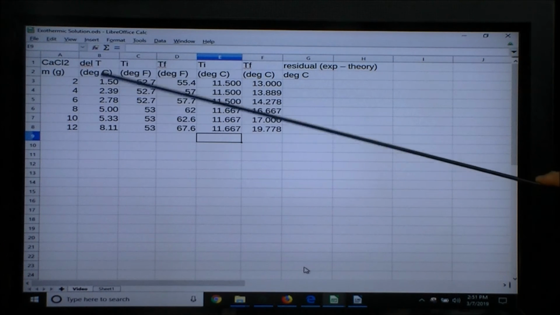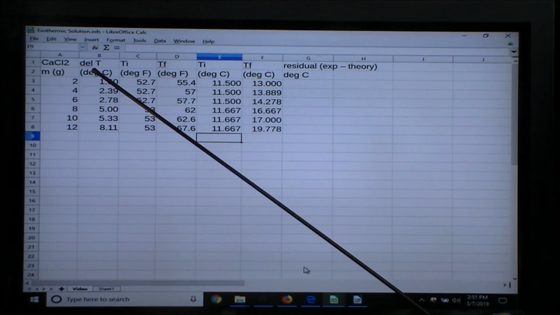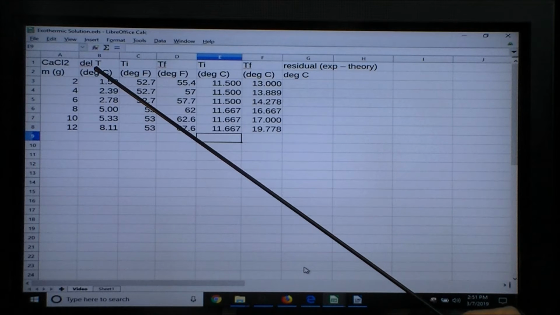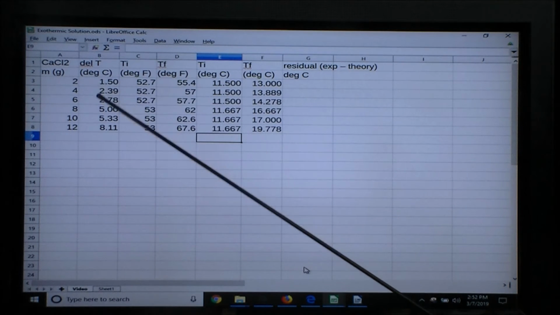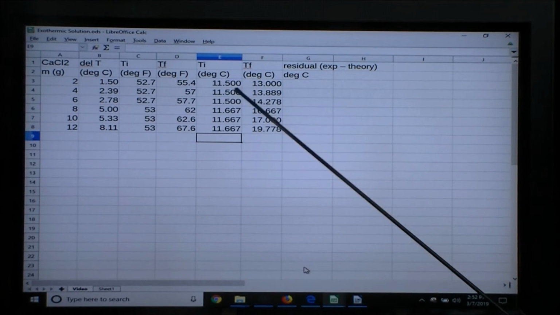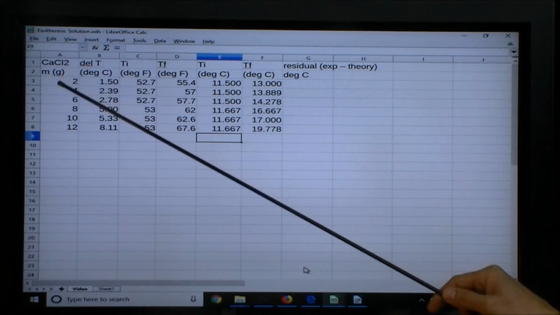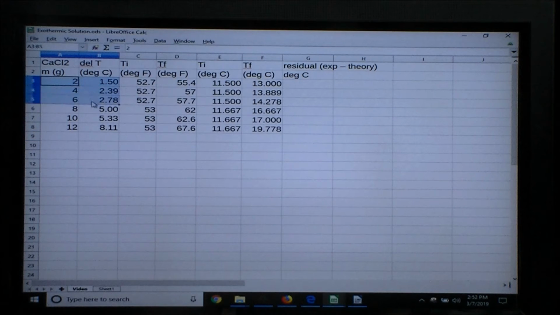And here, if you recall from our experimental design, our dependent variable is the increase in temperature, delta T, in degrees Celsius. And then these are just the computations, which is the final temperature minus the initial temperature for each quantity of calcium chloride.